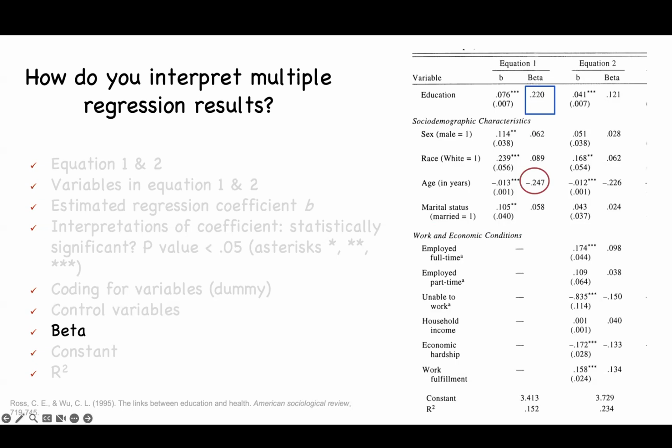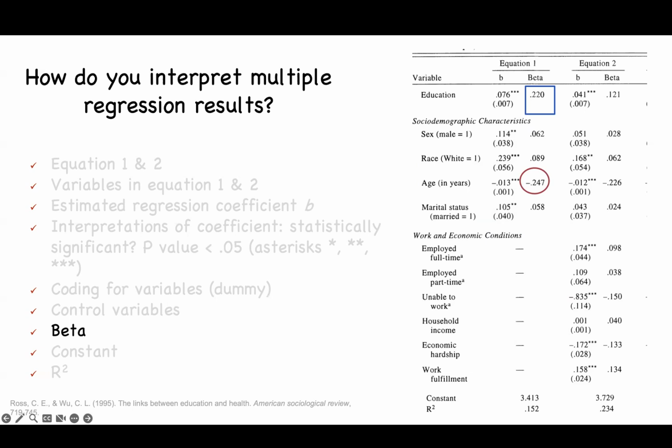Let's see, please check row 1. So an increase of 1 standard deviation in education leads to an increase of 0.22 standard deviation in our dependent variable, self-rated health. We can compare standardized coefficients across different variables. In this case, we can decide which variables are more or less important.